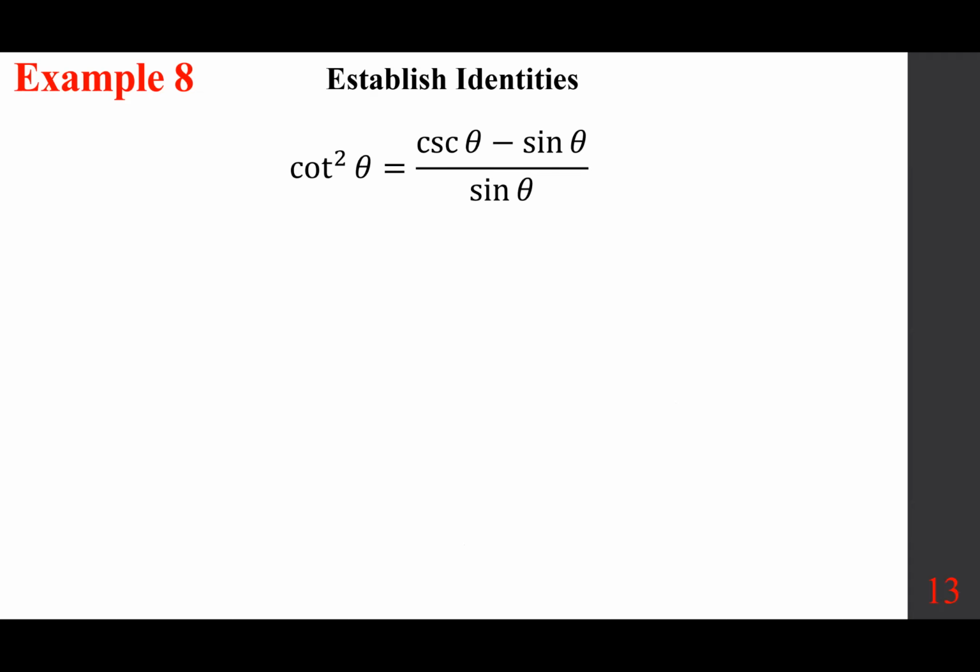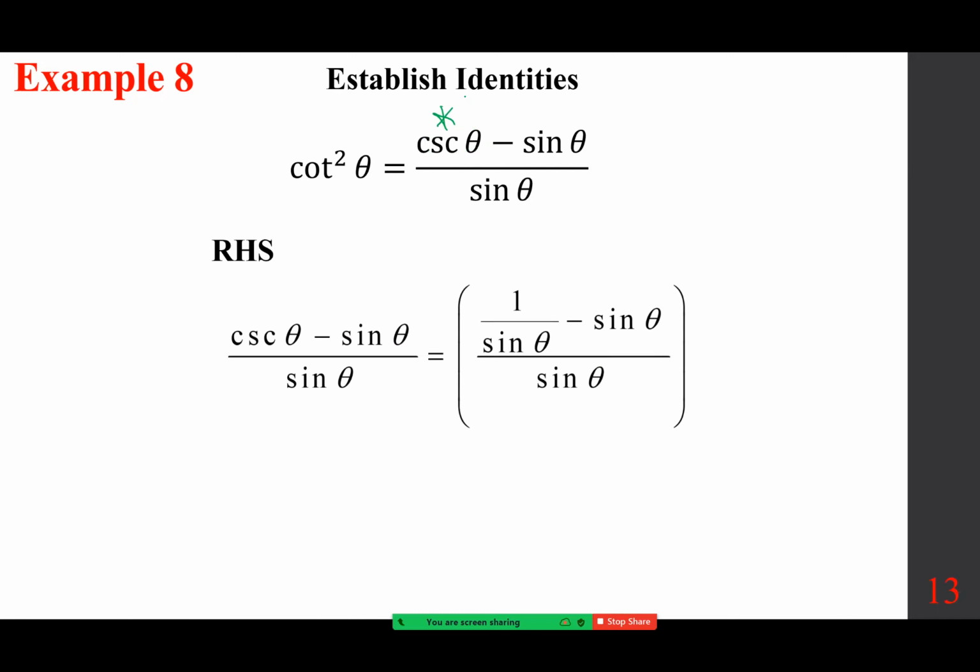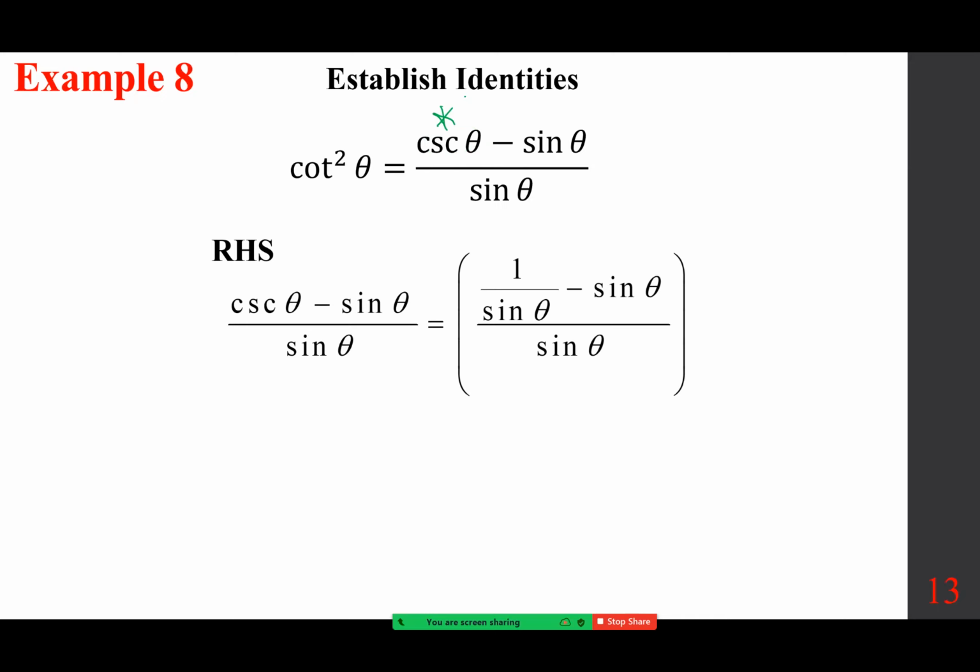So we start with the right-hand side and we change the cosecant theta to 1 over sine theta. It's a complex fraction. Let's multiply the top and the bottom by sine theta.